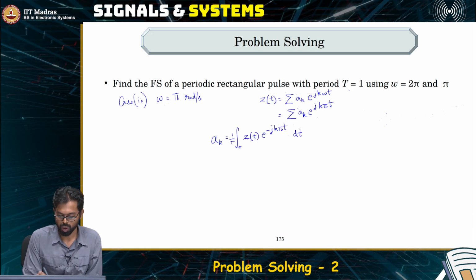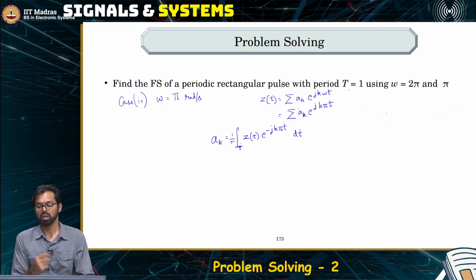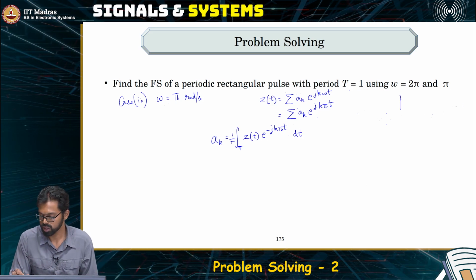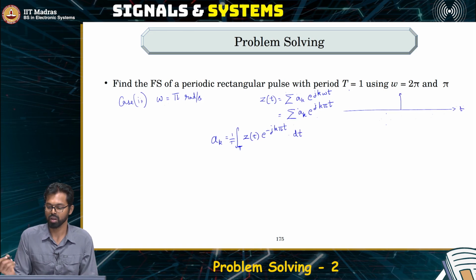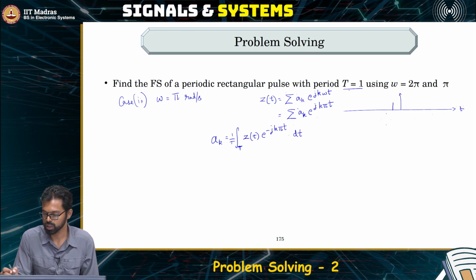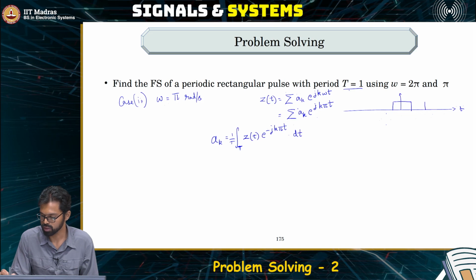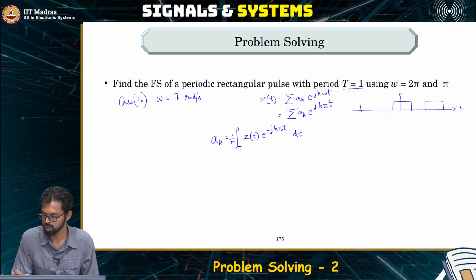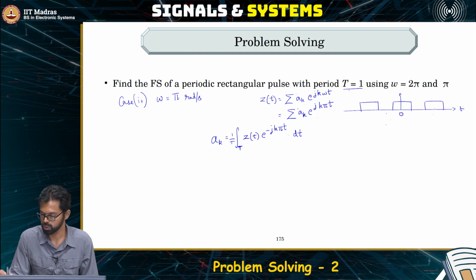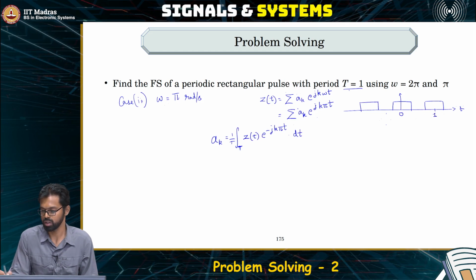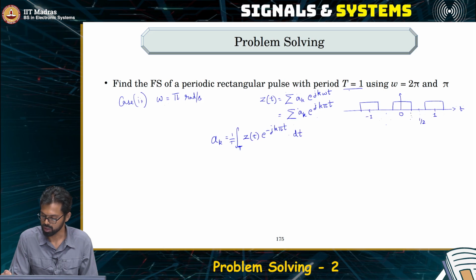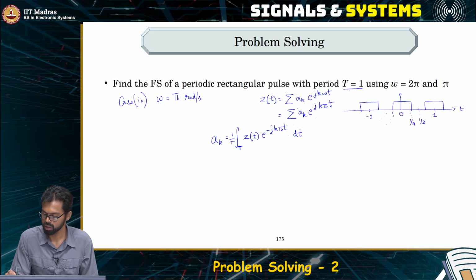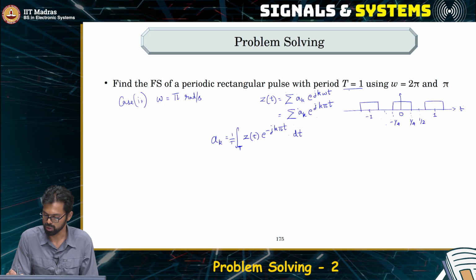The question is, what should this period be now? So remember, what was our original signal? The original signal that was given to us is the rectangular pulse, and the period was T equal to 1. So we had something like this: 0, its period is 1. This is 1 by 2, and this is 1 by 4. This is minus 1 by 4.